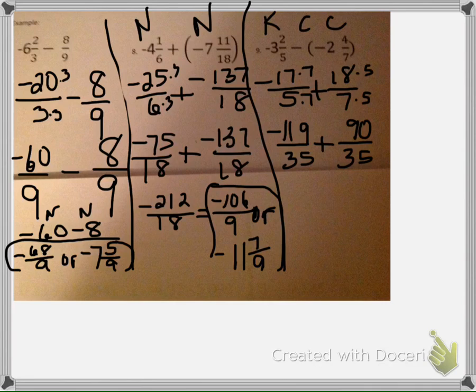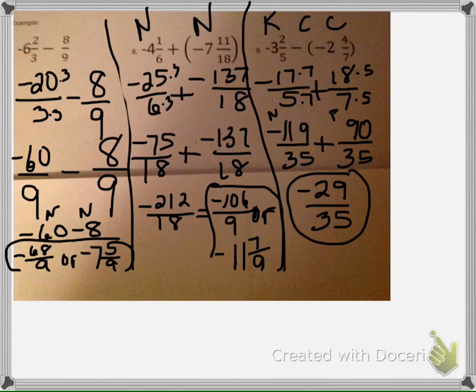I have a negative here and a positive here, so different signs, so I'm going to subtract 119 minus 90. 120 minus 90 would be 30, so that would be negative 29, and it's a negative because the 119 is the bigger number, over 35. And that's simplified, so we're done.